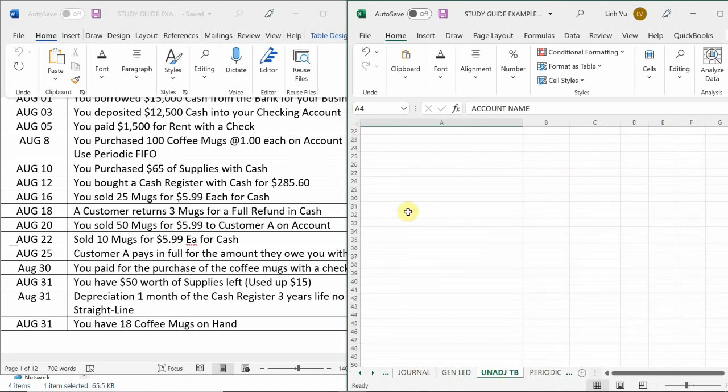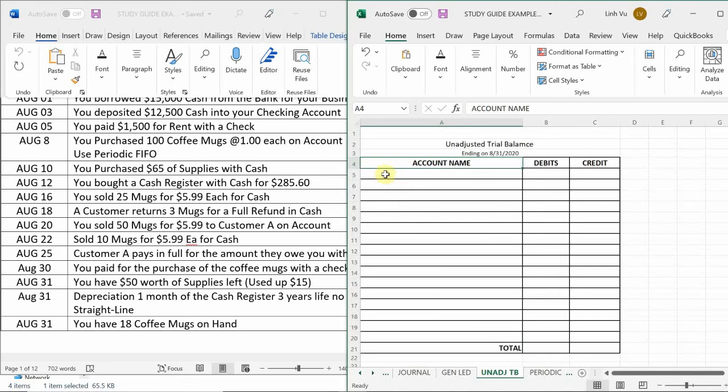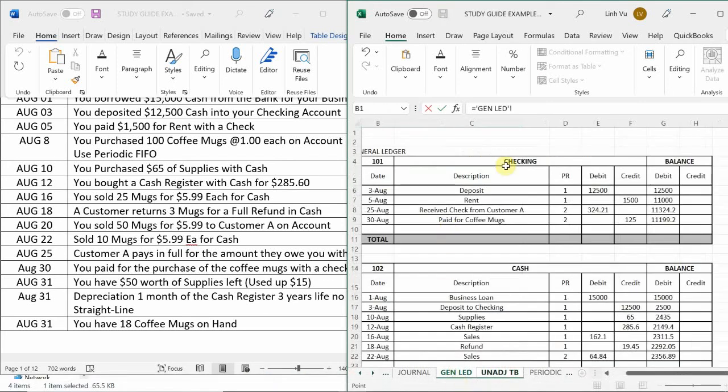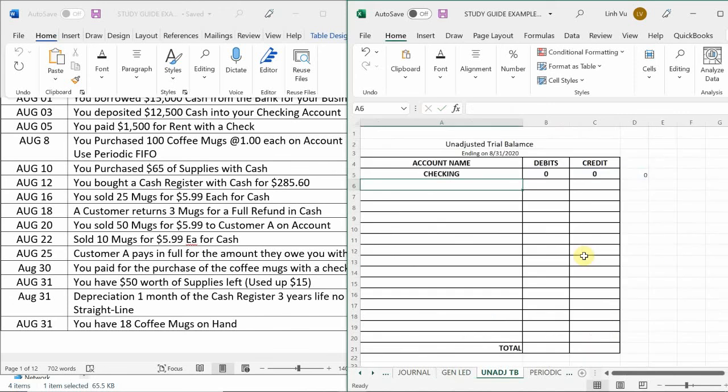So first we have our checking account. What's my balance in my checking account? $199.21.